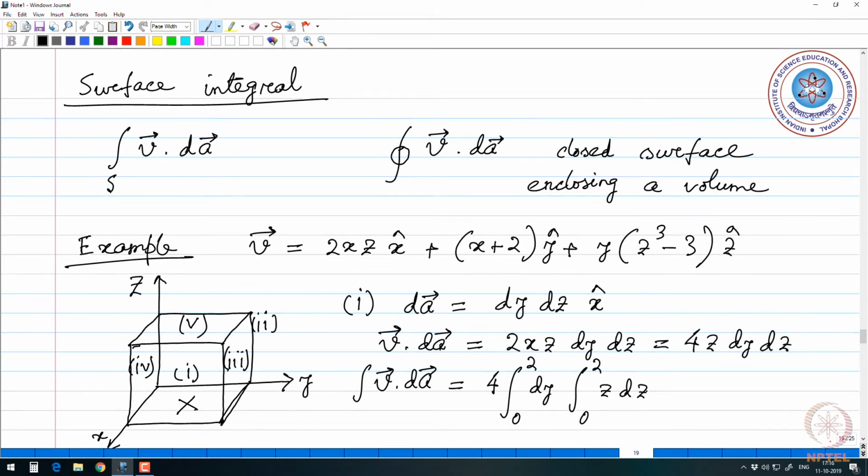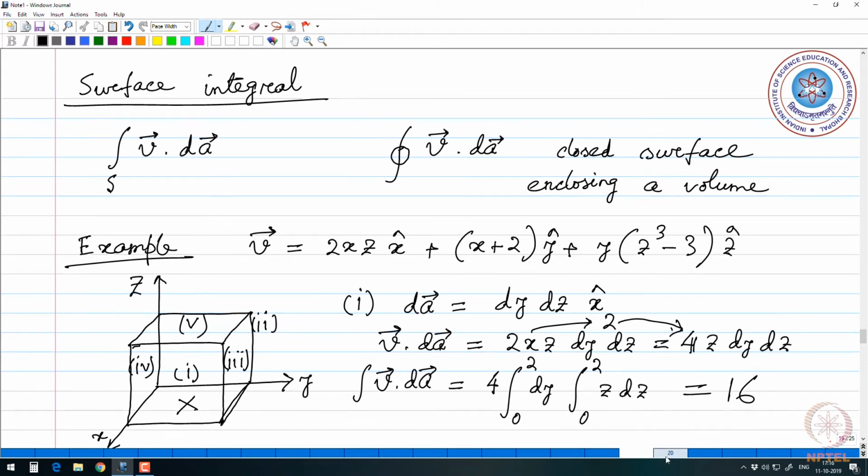We have put the value of x equals 2 here to get this expression. Now, if we perform this integral, we will find that the value is 16. That's on the first surface.